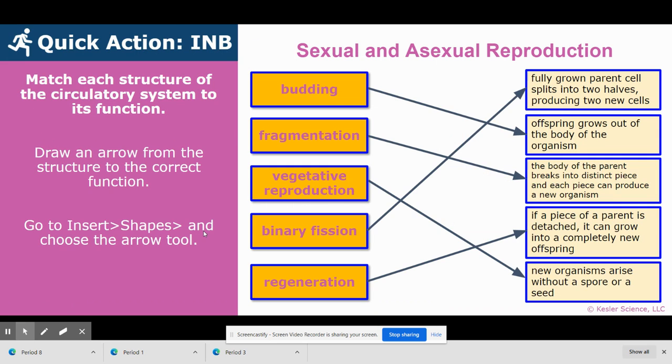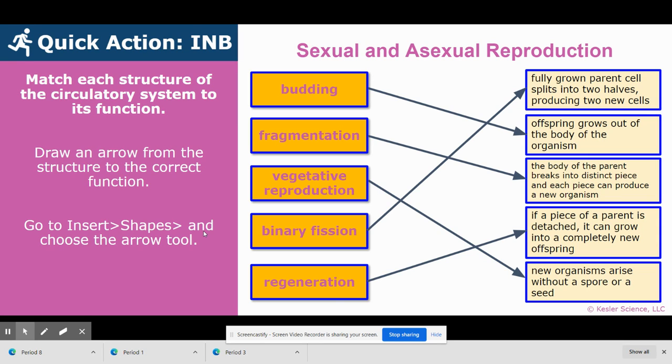All right, so here we have our matching, and you're using the vocabulary that we just learned about asexual reproduction. You can always go back to the slides to see how each one is defined, but I'll go through the list for you. Budding is when an offspring grows out of the body of an organism.